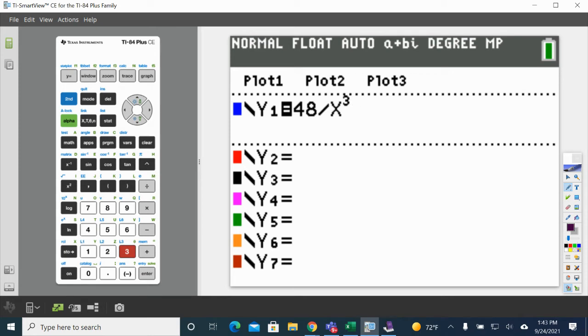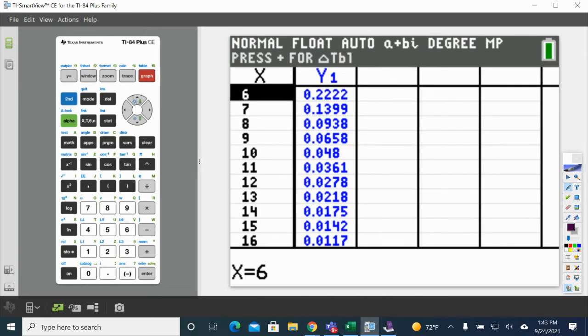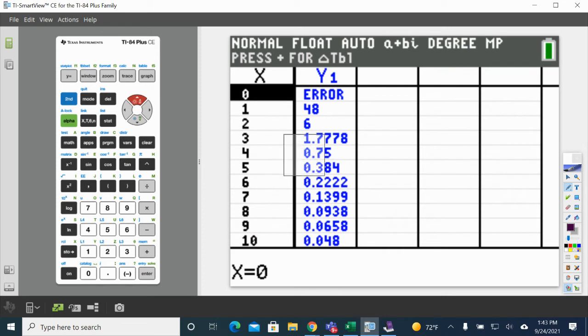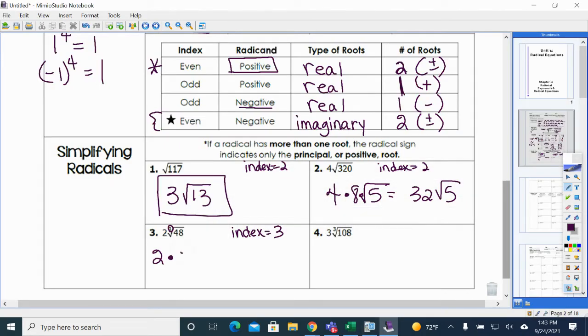Because the index is a 3, we want to divide by x cubed. But the rest of it's the same. So we need to go look at the y column. It's already crossed over to 0. The first one is a 6. So 2 times the cube root of 6. And then don't forget to multiply the 2 times the 2, which is 4. And then also don't forget to write your index in there.